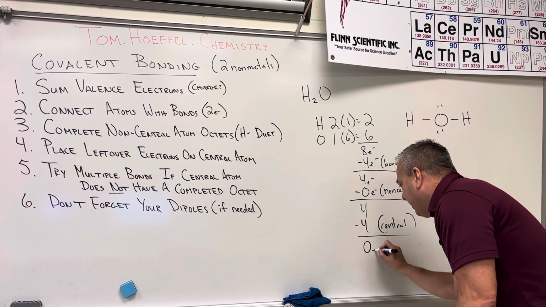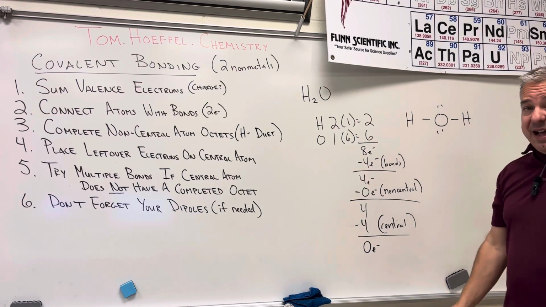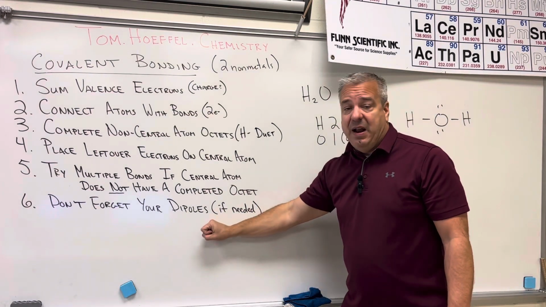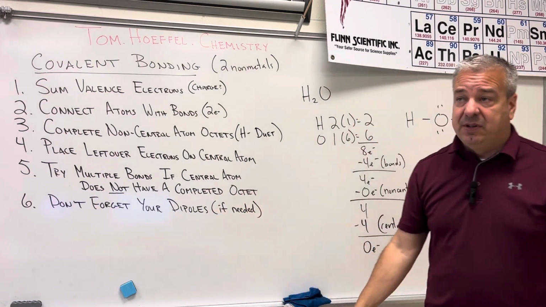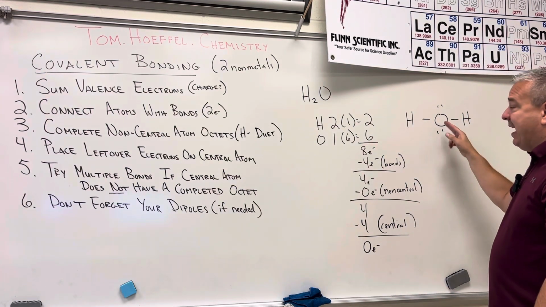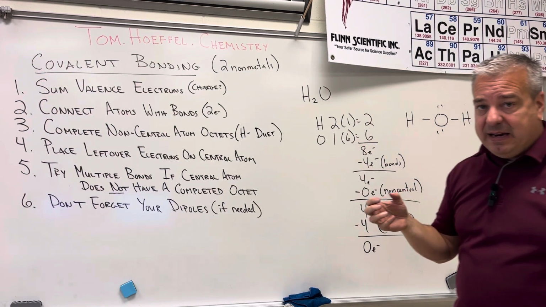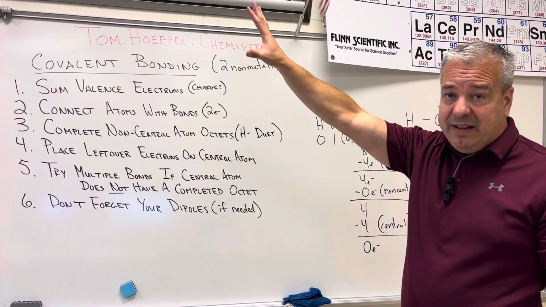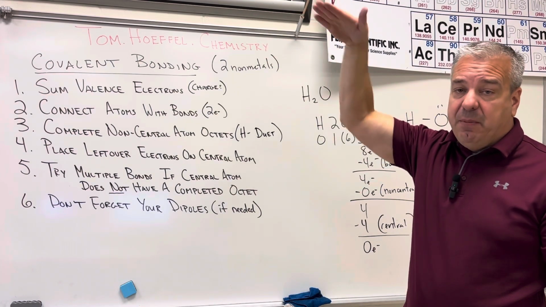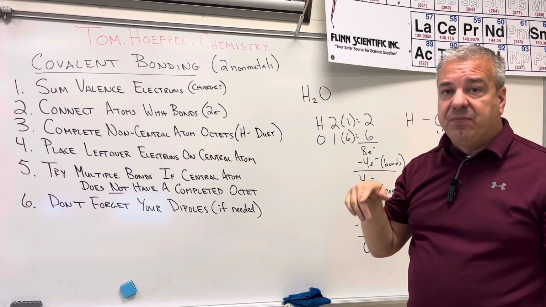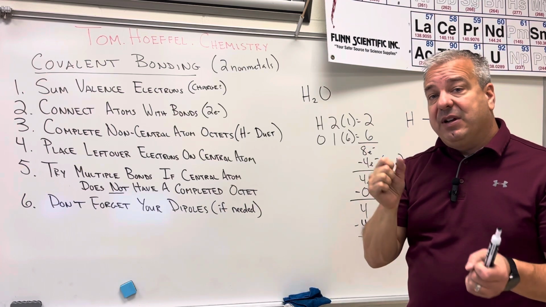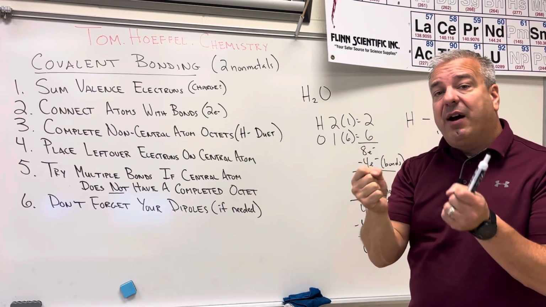We have 0 left over, but the problem's not done because we can't forget about our dipoles. So we compare the location of hydrogen and oxygen on the periodic table. The hydrogen's all the way in the top left-hand corner, but if we were to bring it down 1 row, a hydrogen's electronegativity value would fall between boron and carbon.